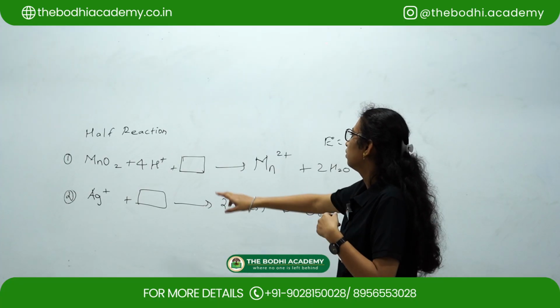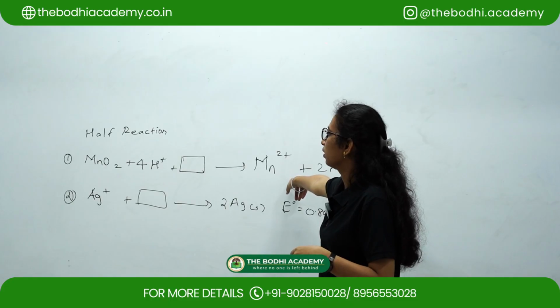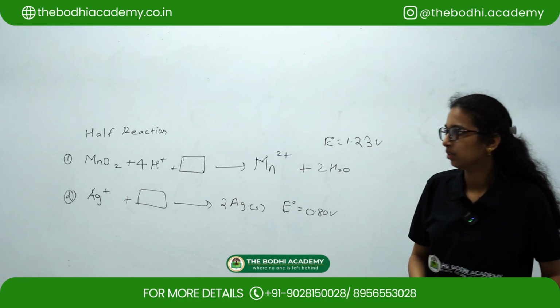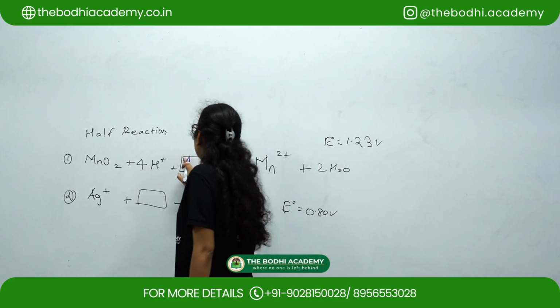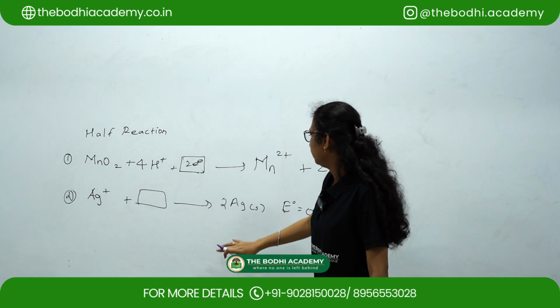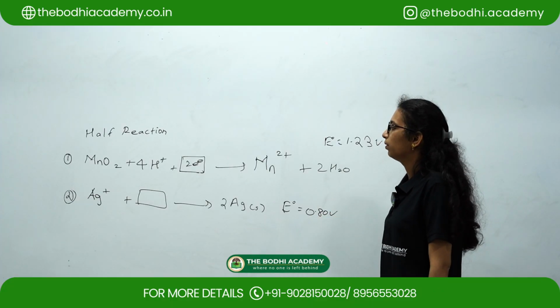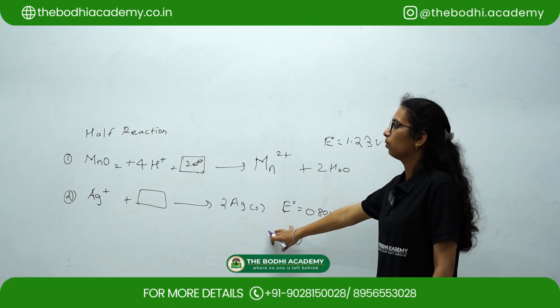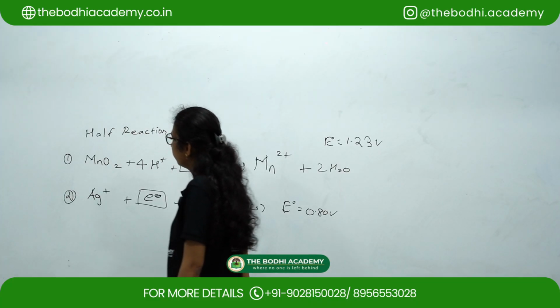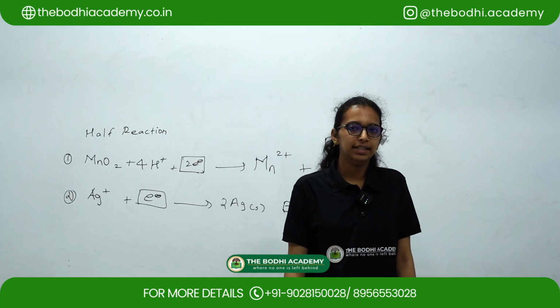Plus 4 to plus 2 oxidation state. So the number of electrons will be 2 electrons. And Ag, a very familiar, well known reaction, Ag plus to 0. So one electron is being gained. That's it.